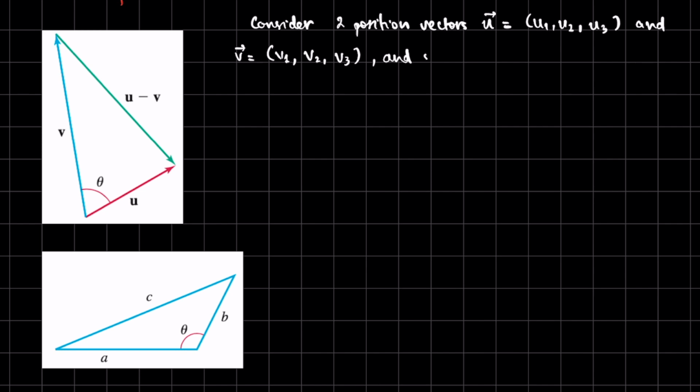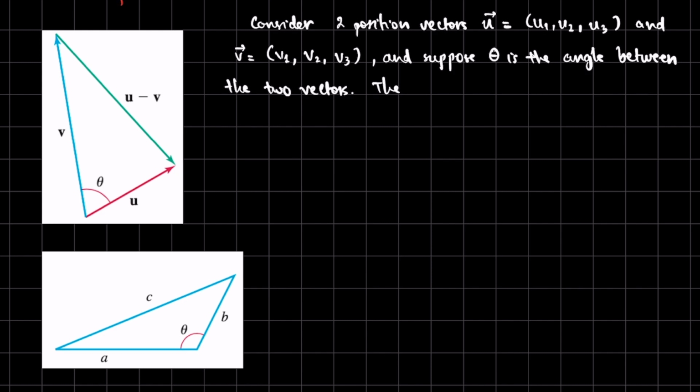Suppose theta is the angle between the two vectors. Then, by placing the two vectors u and v in these positions, you have a third vector, which is the vector difference.